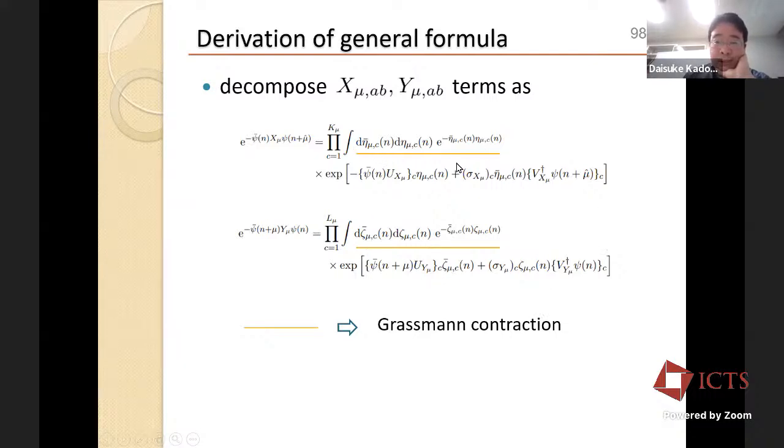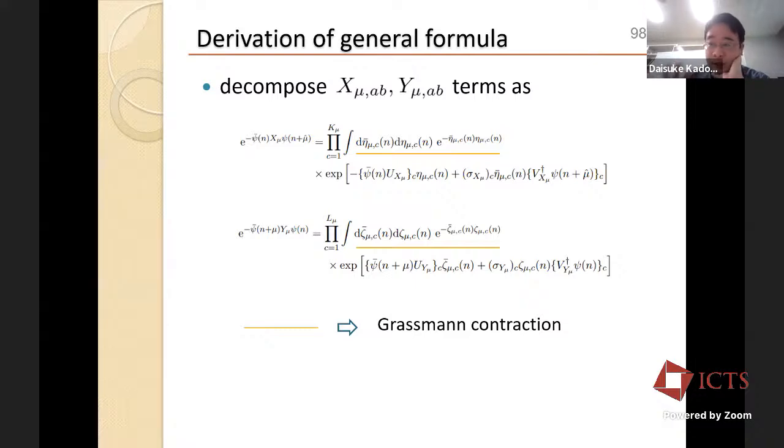These parts are the Grassmann contraction with appropriate weights. The important point here is that all the fermion fields psi n and psi bar n are separated from the other fermion fields.